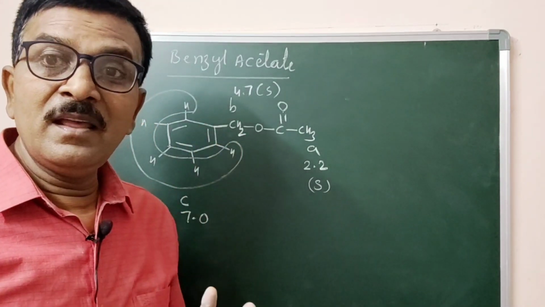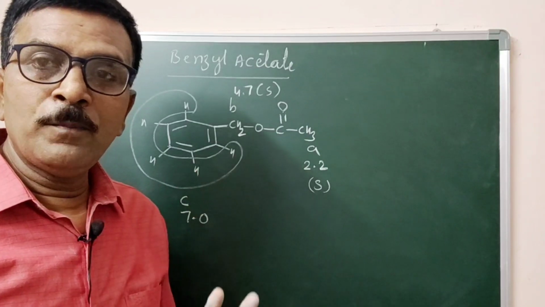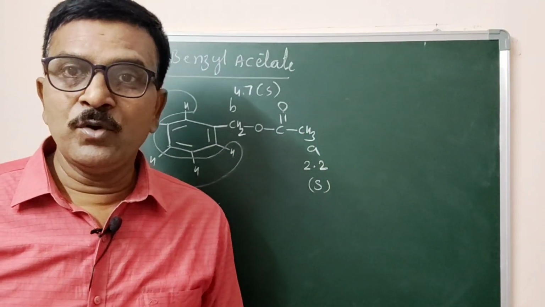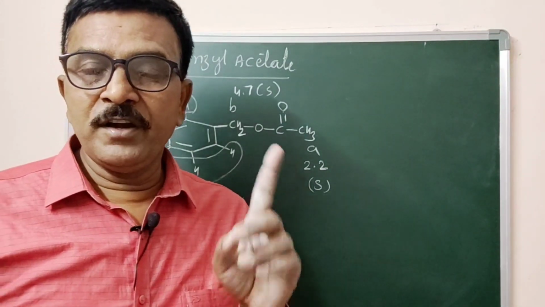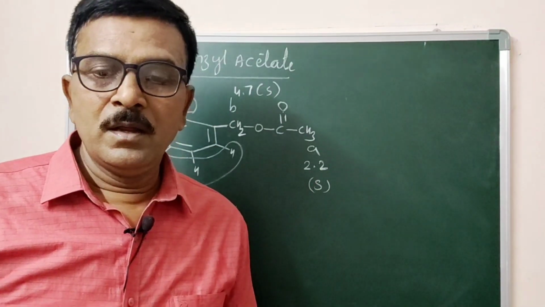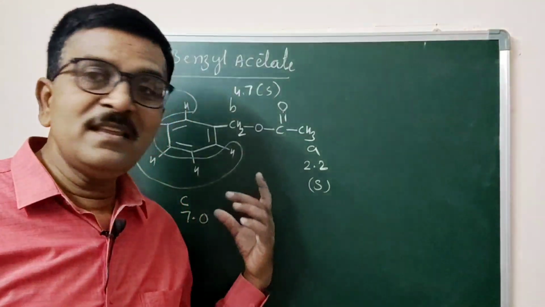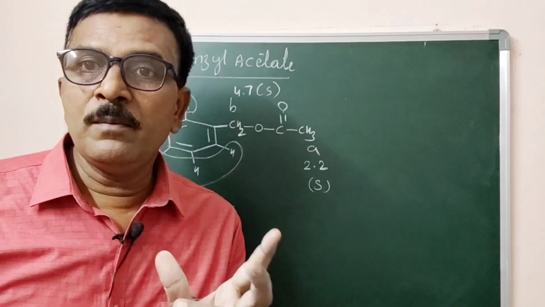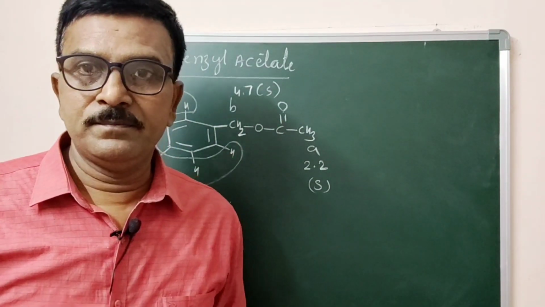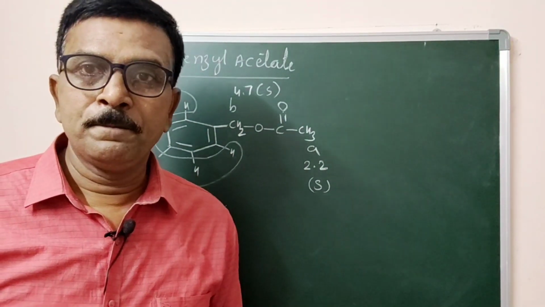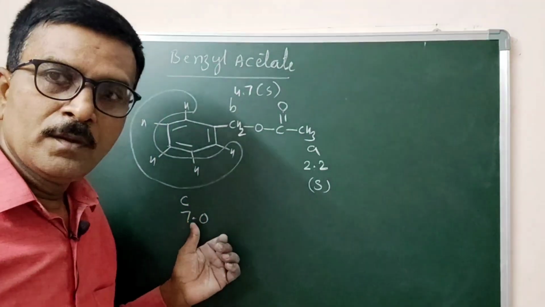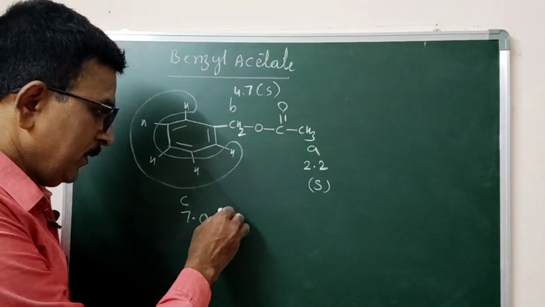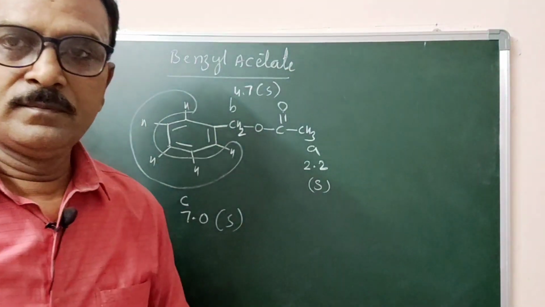But in the case of ethyl benzoate, ortho protons were different from meta and para protons. In the case of benzyl acetate, the 2 ortho protons, 2 meta protons and 1 para proton are equivalent. I can explain why. Therefore, they come under one group at 7.0 ppm as a singlet. Are you following?